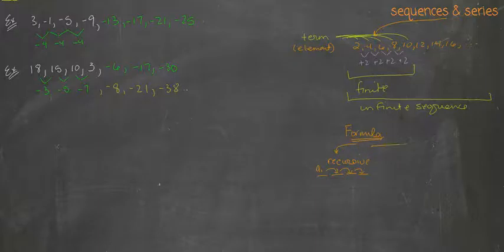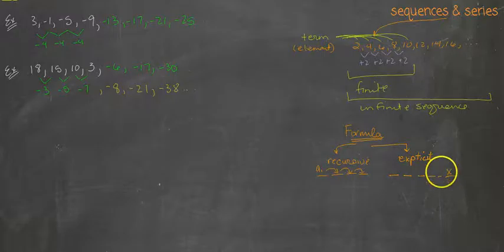And the other type of formula is called explicit. An explicit formula doesn't care what the first term is or the second or the third or any term. An explicit formula will take you right to the term you want to know.